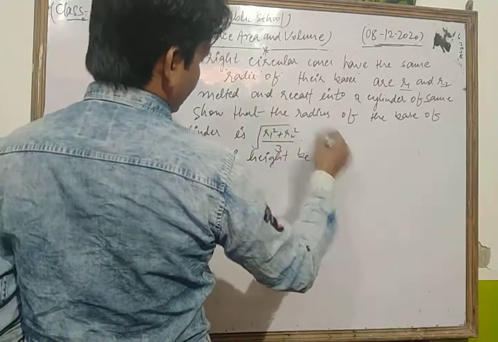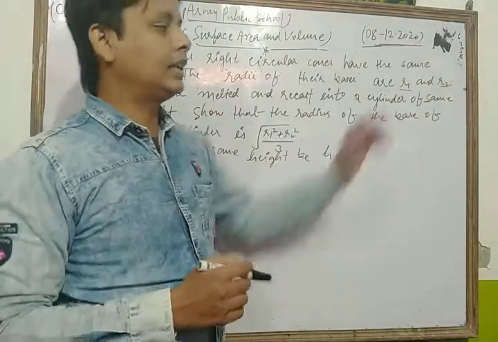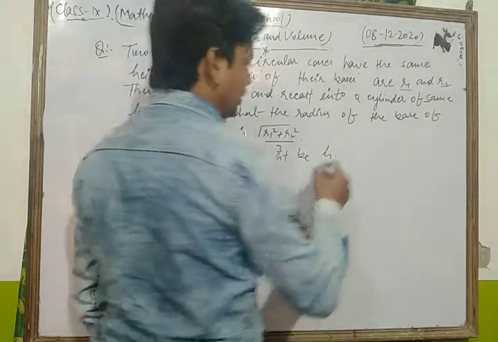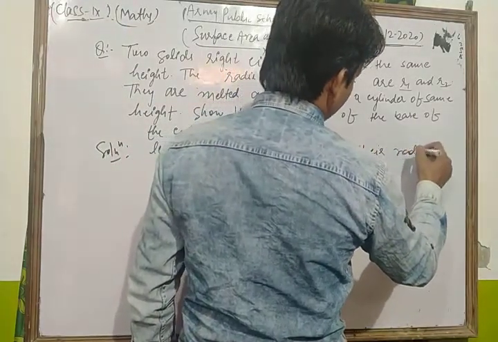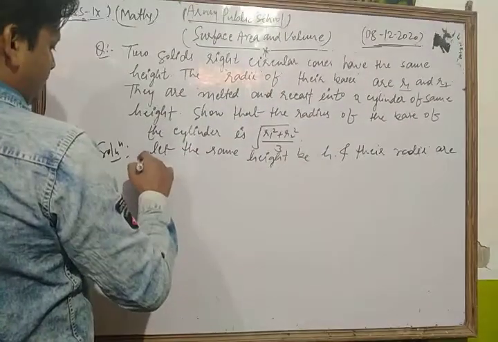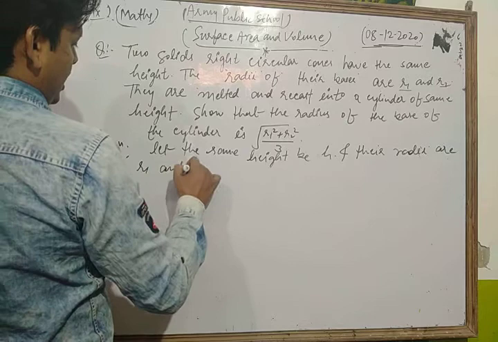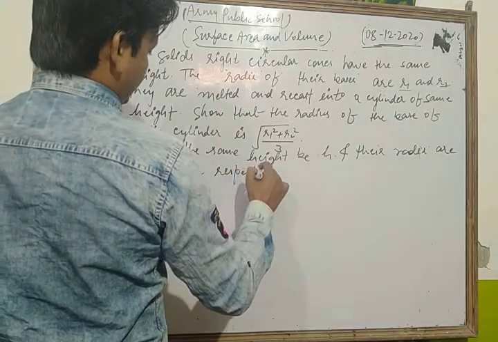Let the same height be h, and their radii are R1 and R2 respectively.